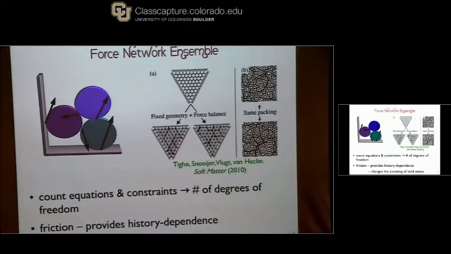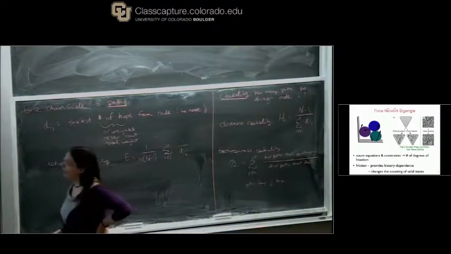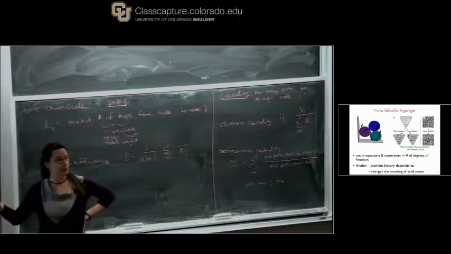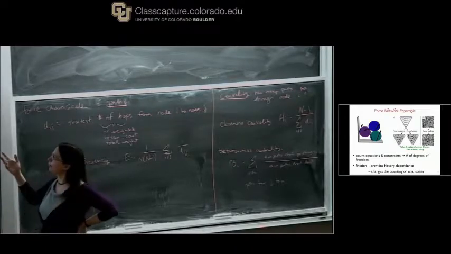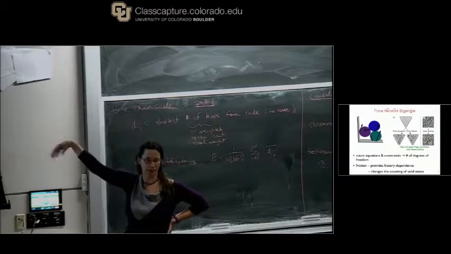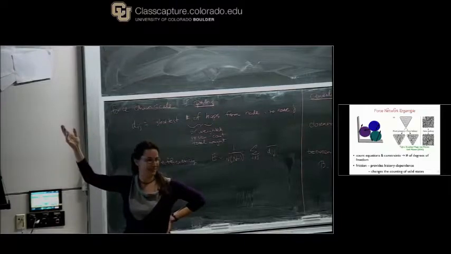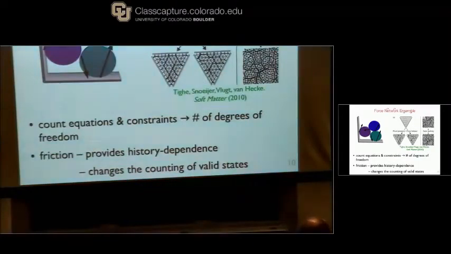You can ask just, if you do the same experiment over and over again, do you get the same answer every time? The answer is no. And this has to do with counting the valid states, right? Now, there's an infinite number of these, because if I have one solution in torque and force balance, what happens if I multiply it by 1.7? Still valid. 1.6, still valid. So there's an infinite number of these, right?